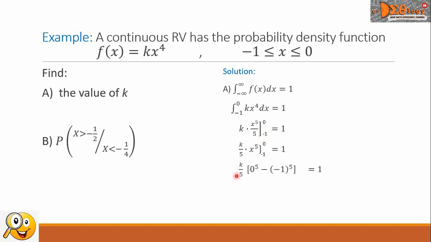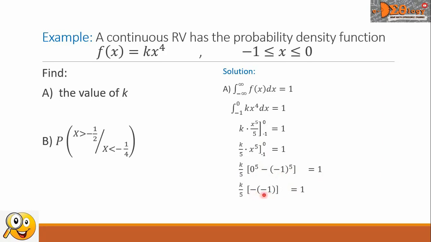We have now k over 5 times the quantity 0 raised to 5 minus the negative 1 raised to 5 equals 1. The 0 raised to 5 is simply 0. The negative of negative 1 raised to 5 is simply negative of negative 1.